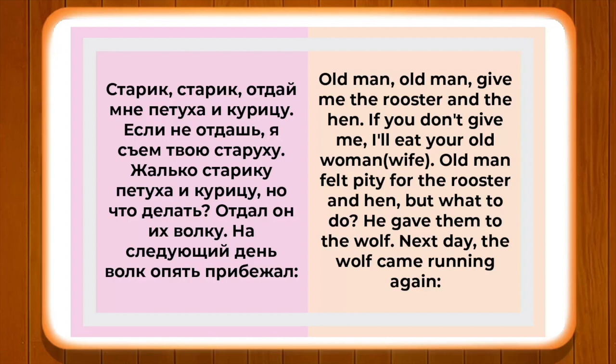Next sentence. Отдал он их волку. If you simplify the sentence, it will be он отдал их волку. Он means he, отдал means gave, and их, what is this их for?